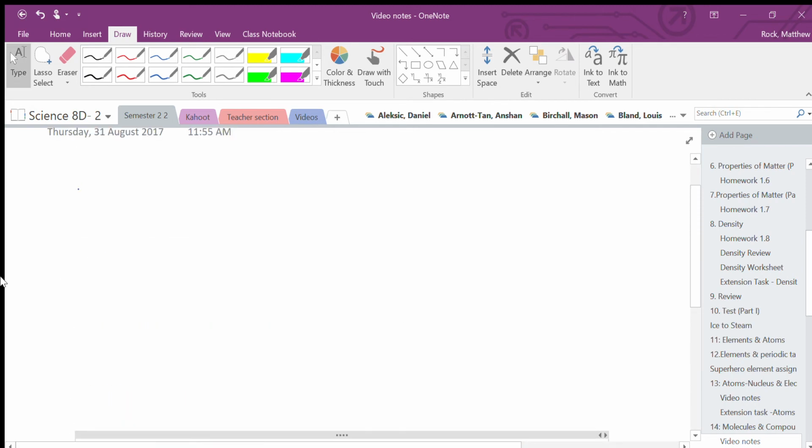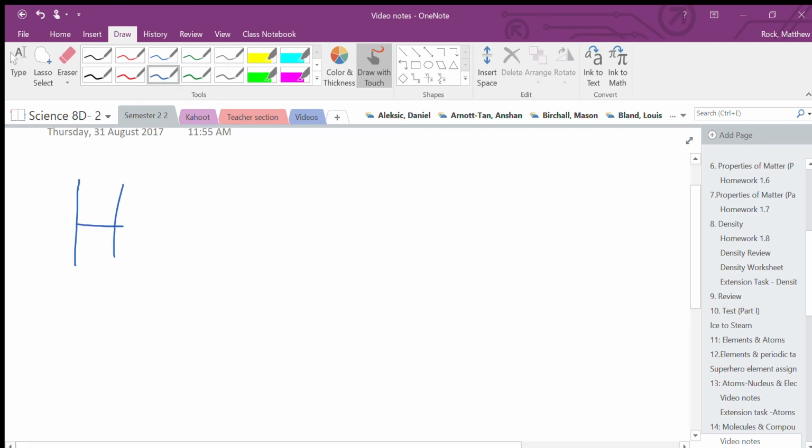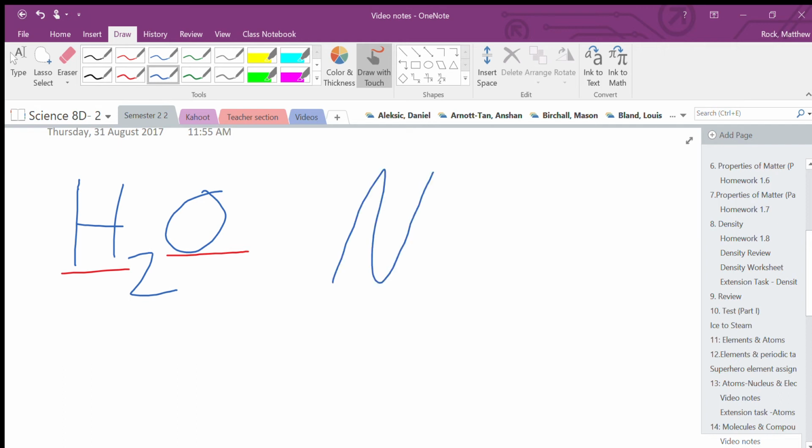So if we look up on here, if we have, for example, H2O, which we've already used as an example, this is an example of, hopefully you've said, a molecular compound, because we're seeing two different elements. Now, if I had something else, which was, for example, NaCl, this is just table salt. Once again, have a think what you might think it is.